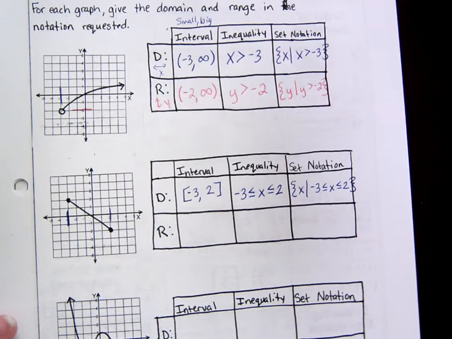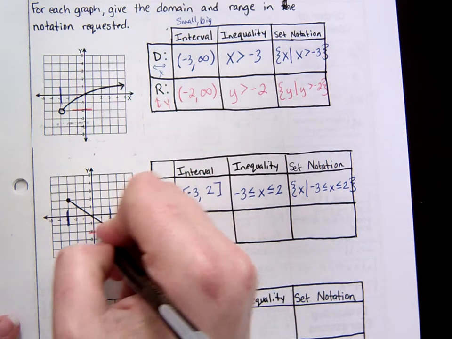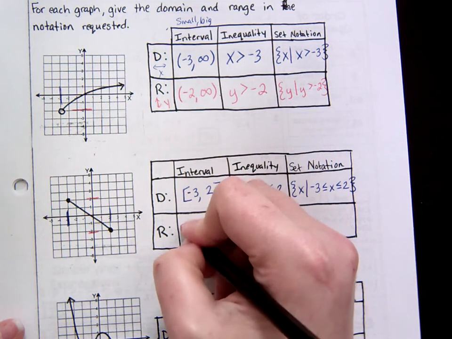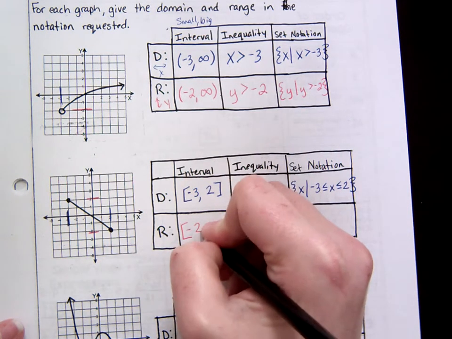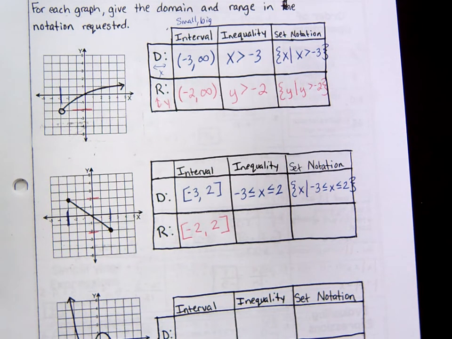Your domain, your range, we just did domain. Your range, your up and down. The lowest it goes is negative 2, the highest it goes is positive 2. So interval notation is negative 2 to positive 2 with the straight lines, brackets, to close.